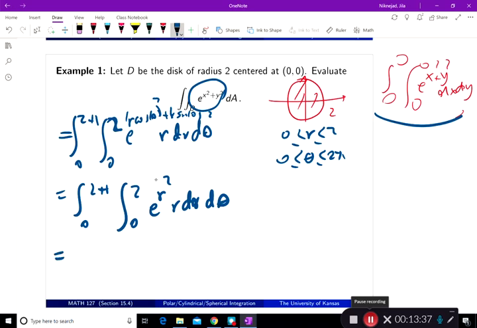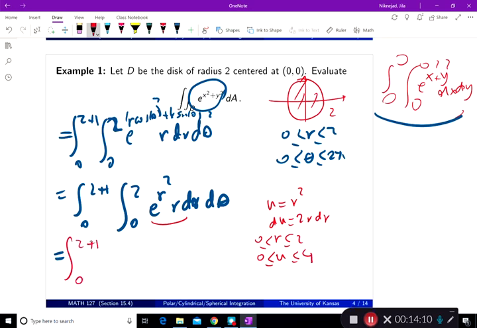Now from here, I can actually find an elementary antiderivative, because I can use u equals r squared, du is going to be 2r dr, and if r is between 0 and 2, u is going to be between 0 and 4. So the outer integral doesn't change.